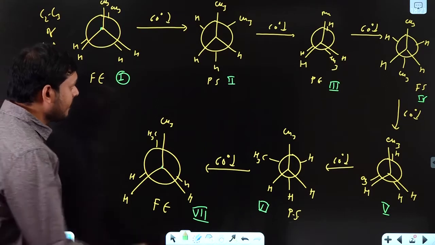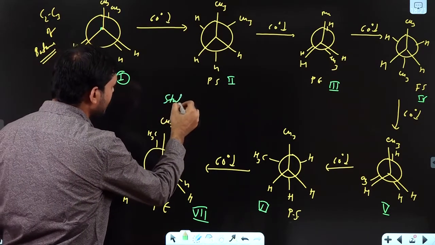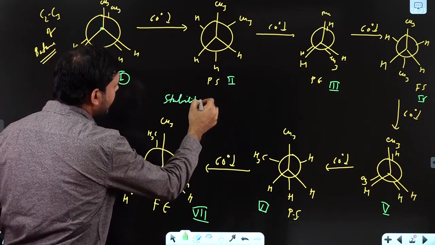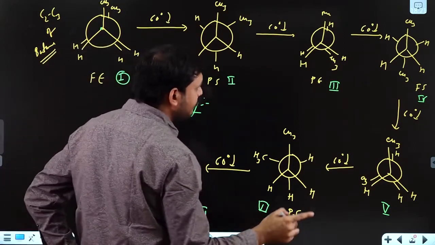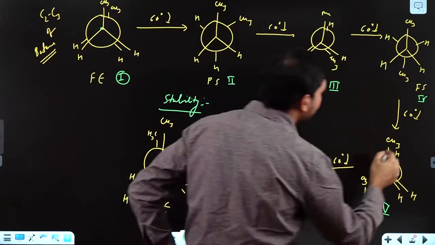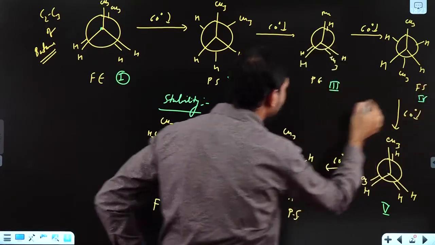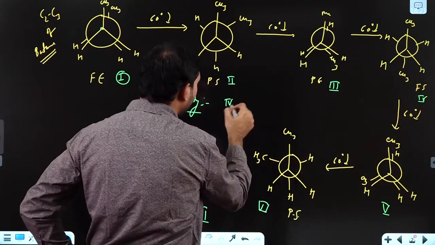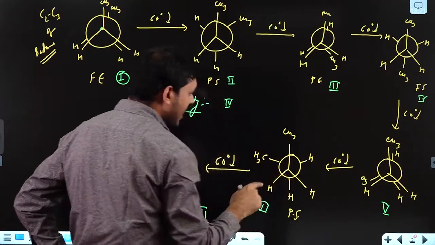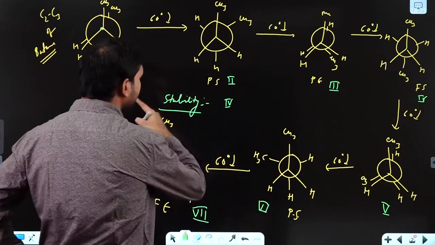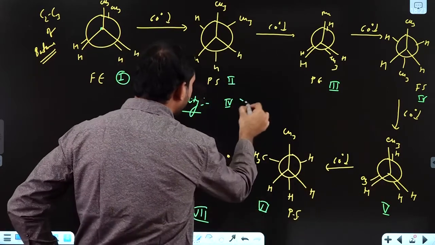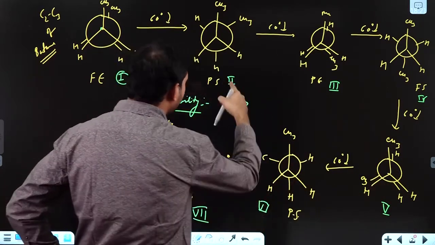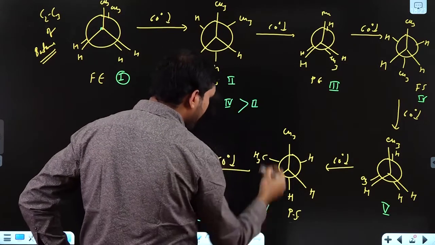You can say stability order, if I will say, the most stable form will be fully staggered, right? So here fully staggered form is the fourth one. Then partially staggered, so your second one, and again sixth one.